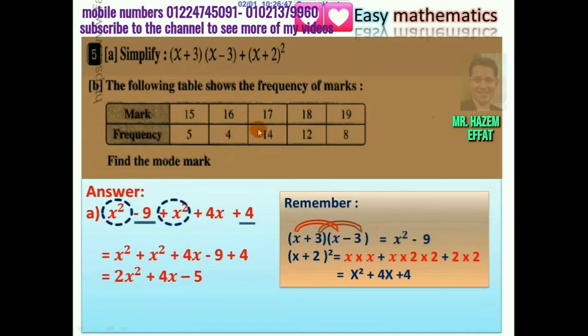Yes, it will be 17, because I told you before this frequency helps us to find the mode mark, because 17 here will be the most repeated value. So frequency here leads us to find the mode mark, it will be 17. We can write this answer like that. The mode mark equal 17.